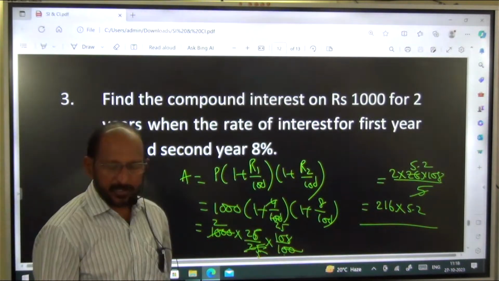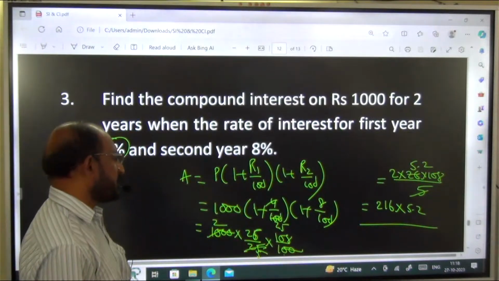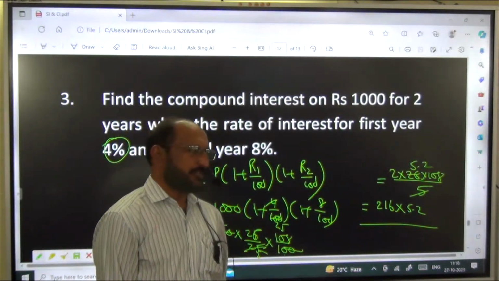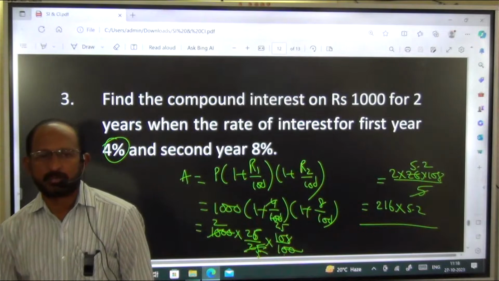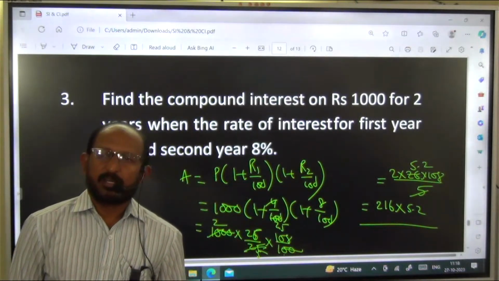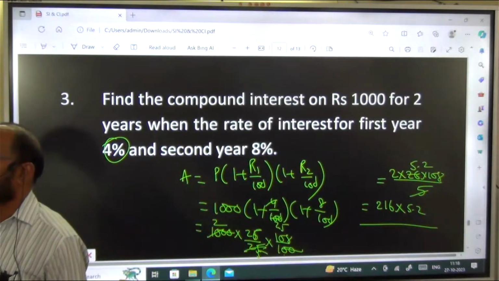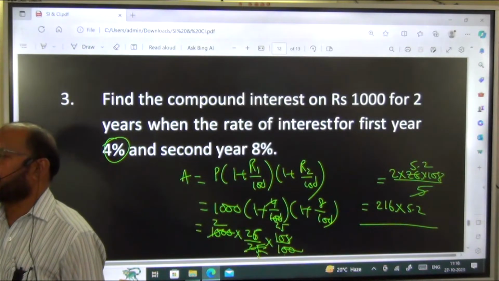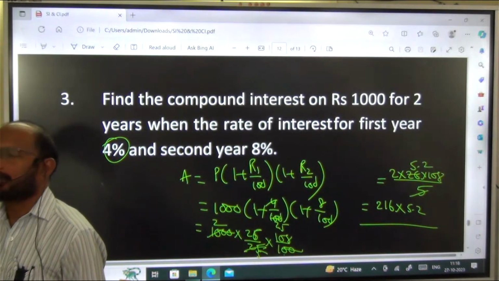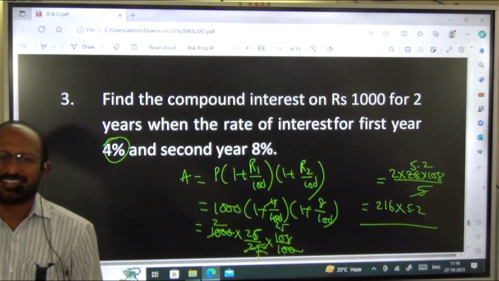After multiplication we get that amount. Decimals will come, so first 52 multiplication by 52, then we arrange the decimal. 1125.2, na? 1125.2. Got it?